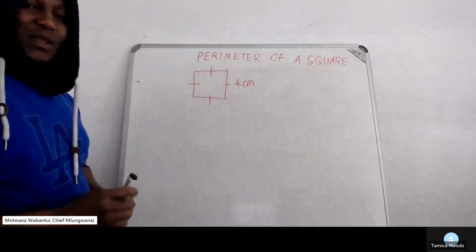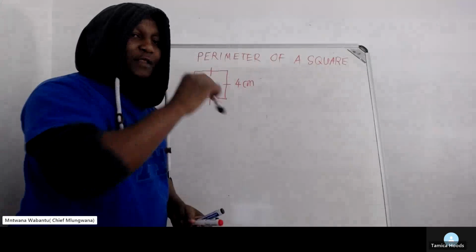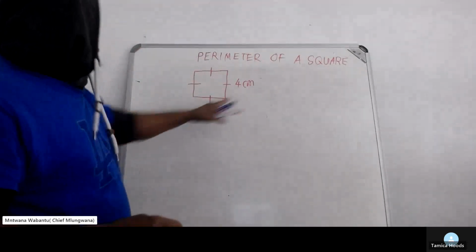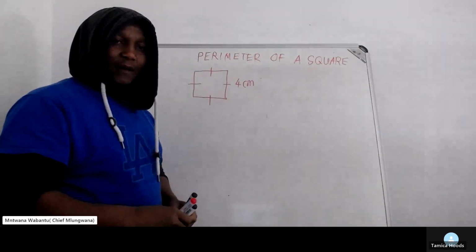Find the perimeter. You know what the perimeter means? Let me explain to you. Perimeter means walk all the distance from where you start until the end and then add them together. And that's a perimeter.